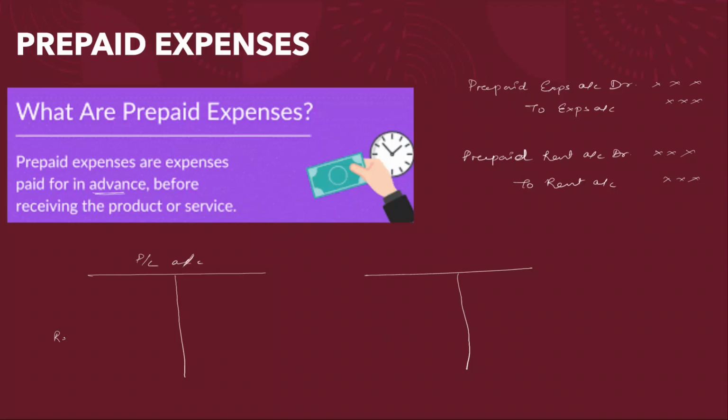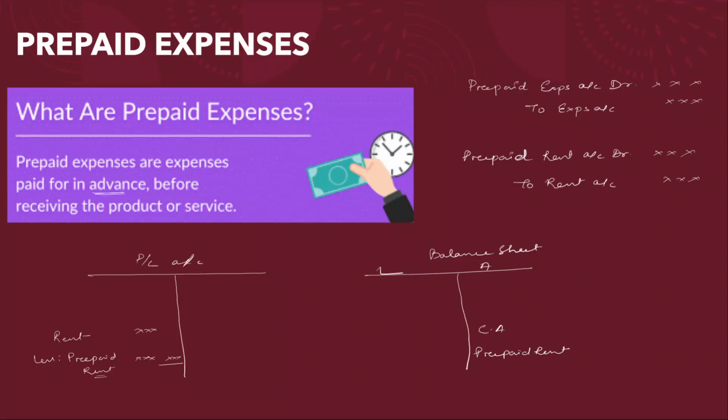So whatever rent is here, you will deduct the prepaid rent, and then you will show the actual rent amount, because the prepaid amount is for the next year. So in advance you have paid and it becomes my asset. In the balance sheet, on the asset side, I will show your prepaid rent under current assets.